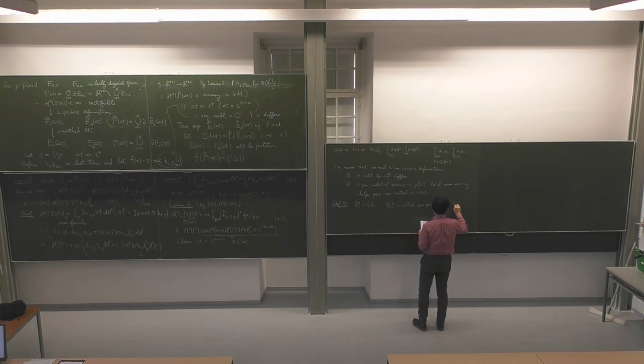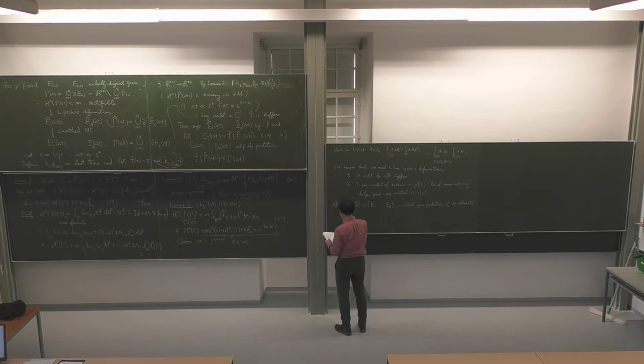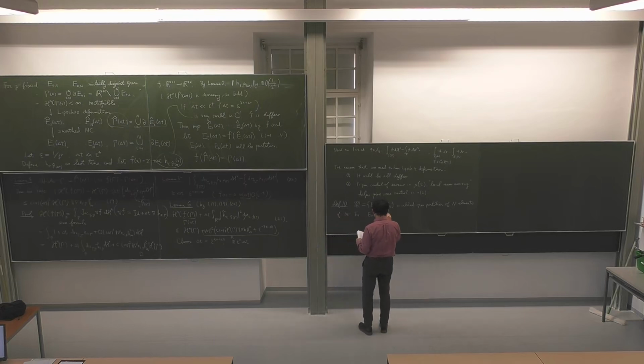of an element, if there are three conditions. E1, ..., En are open and mutually disjoint.